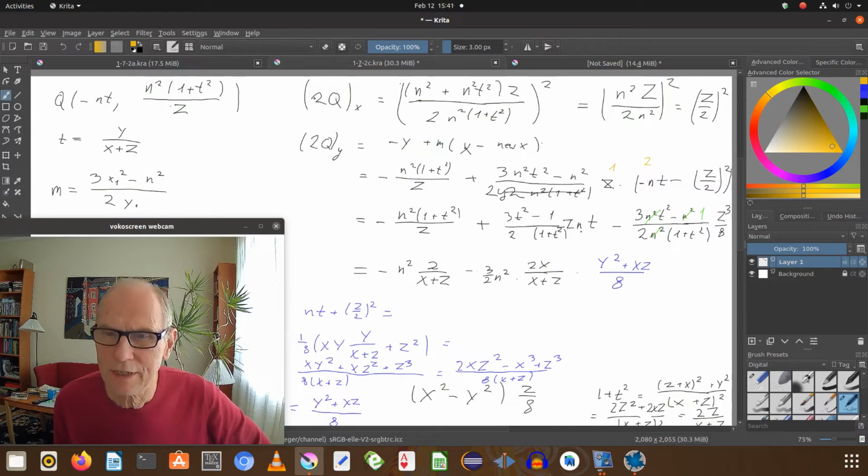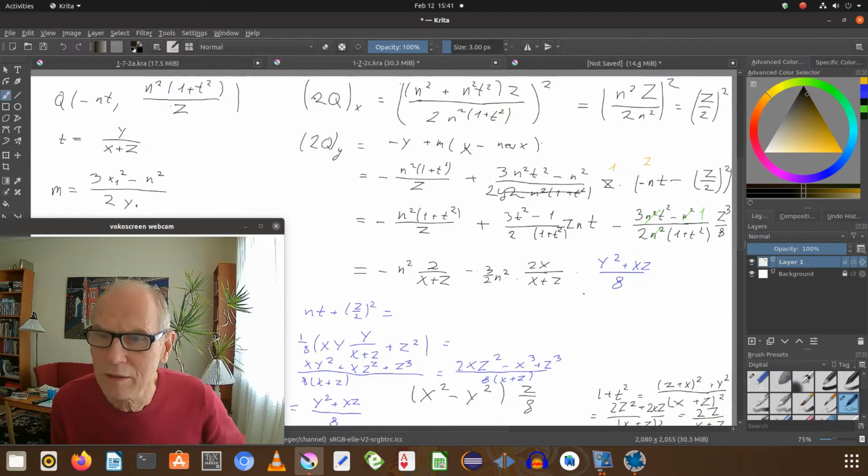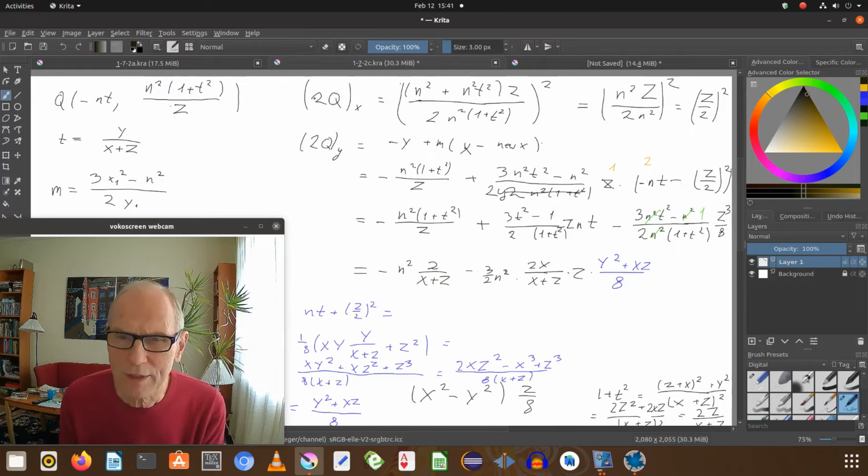So Zn, that gives dimension 3. So if we just put a Z here, times this, then we have dimension 2, dimension 3. Oh, and then times n squared. Where does n squared come from?